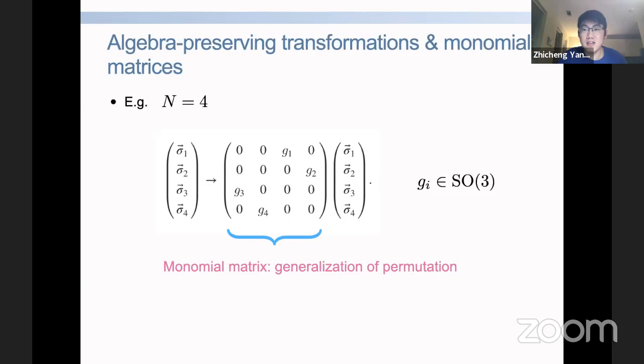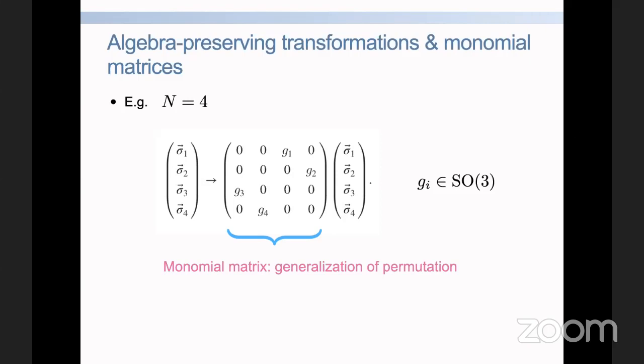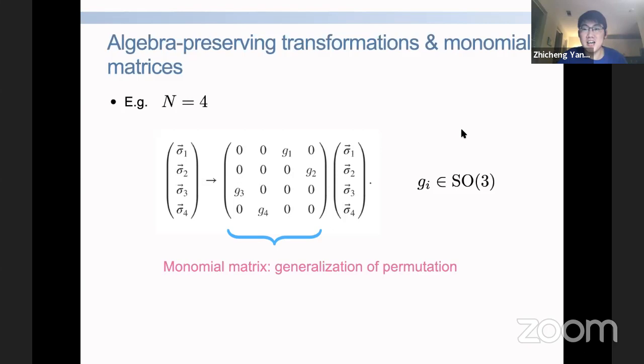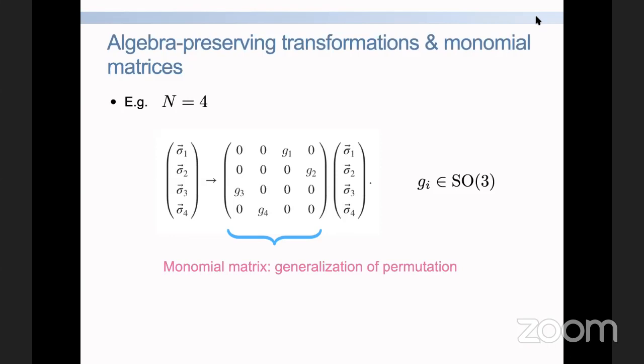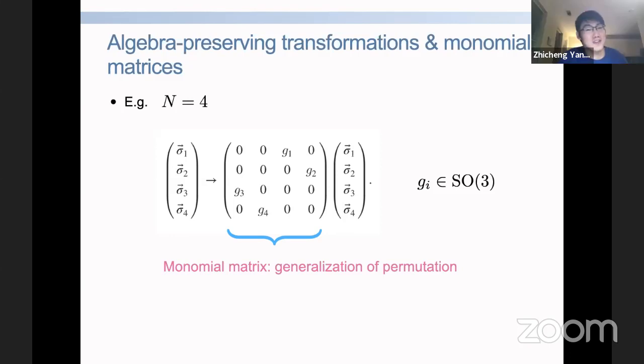Maybe by the time I'm done with the talk, you can let me know what the similarity and differences are. I don't remember off the top of my head at the moment.